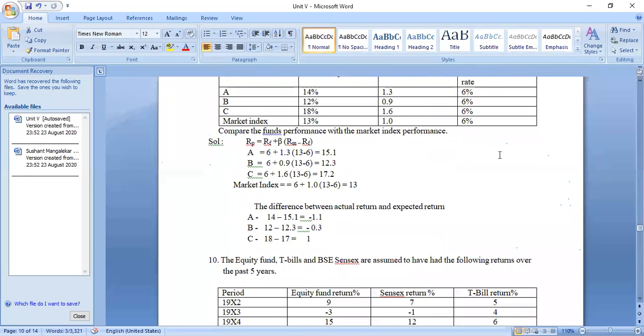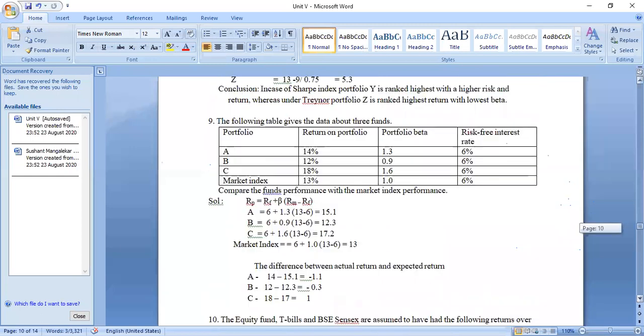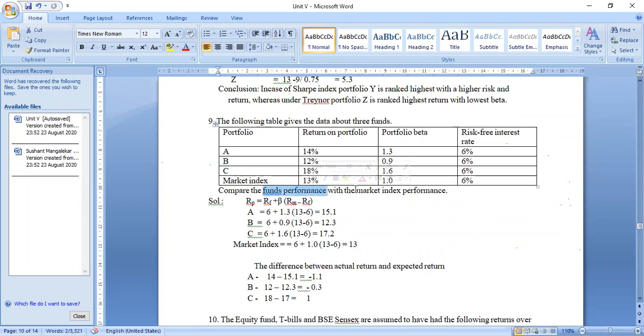Now here we are asked to compare the fund's performance with that of market index performance. When we use Jensen's alpha to calculate the excess return, we have calculated these values, and later they have asked us to compare the fund's performance with market index performance.